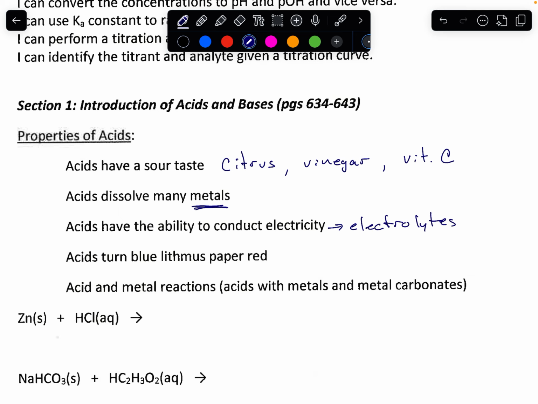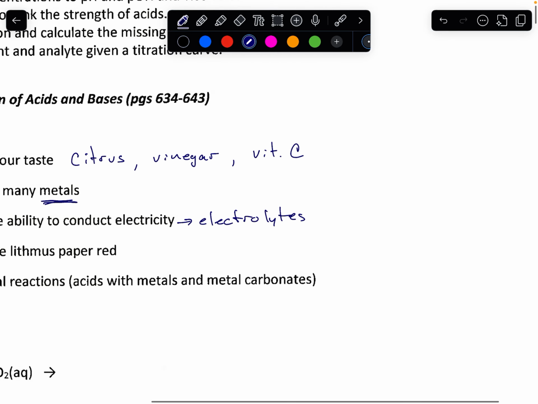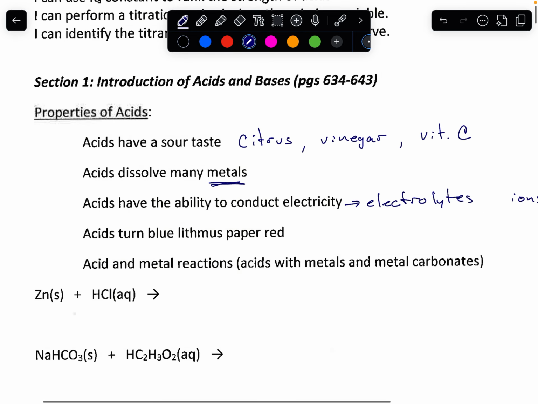If you recall from our discussion on ionic compounds, they are electrolytes because when they dissolve, they break up into ions, and it's those ions that carry the charge. So the more ions in the solution, the better that charge is going to be carried, and the brighter your light bulb is going to go, for example.